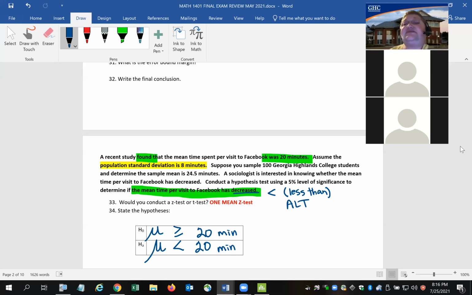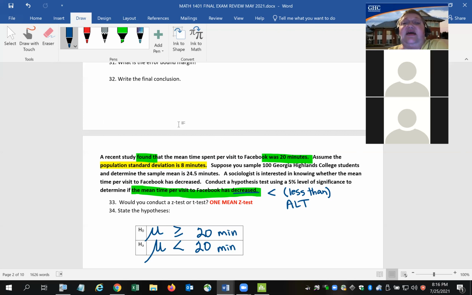Then this asks, and I don't remember if this is one of the questions that we talked about, is it a one-tailed or a two-tailed test? It is a one-tailed test because it is less than. To decide the type of test, whether it's one-tailed or two-tailed, you always look at the alternative hypothesis.